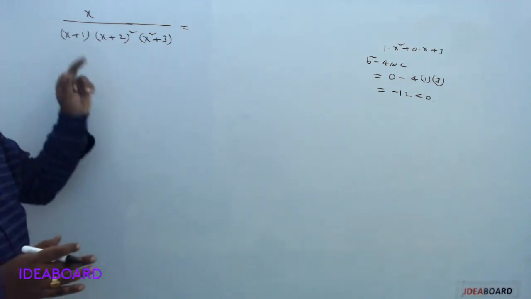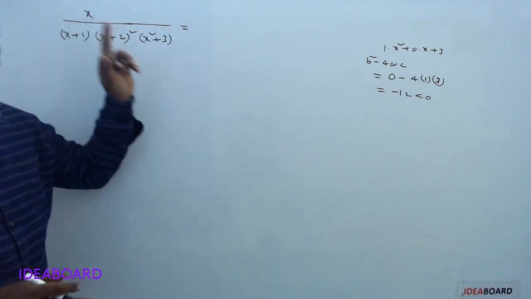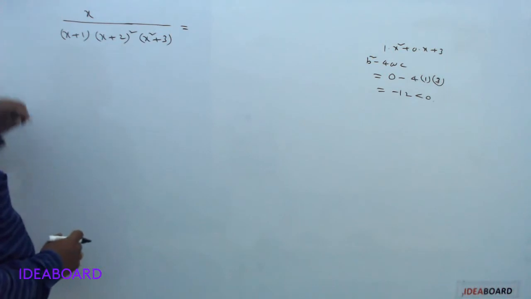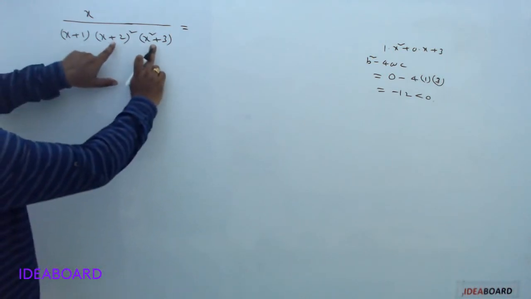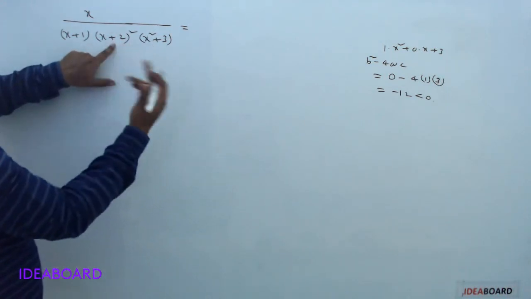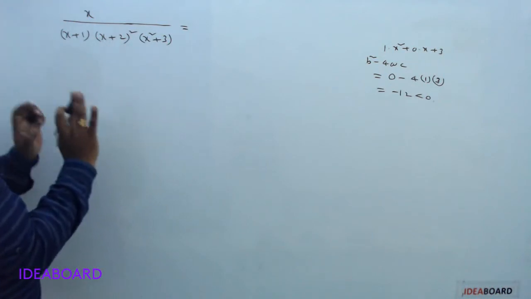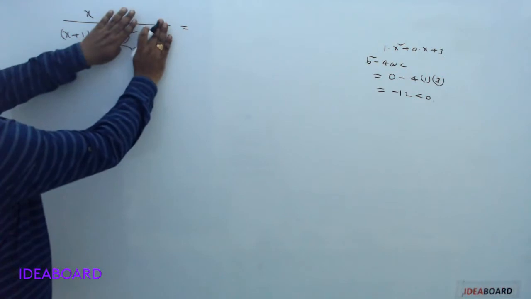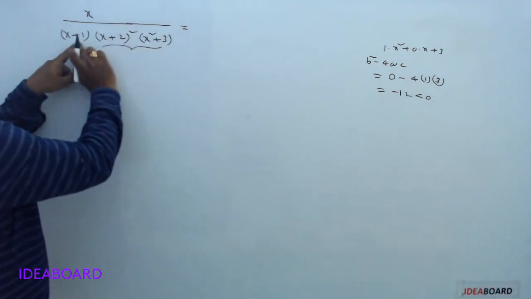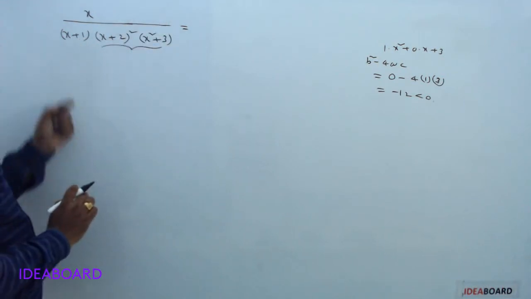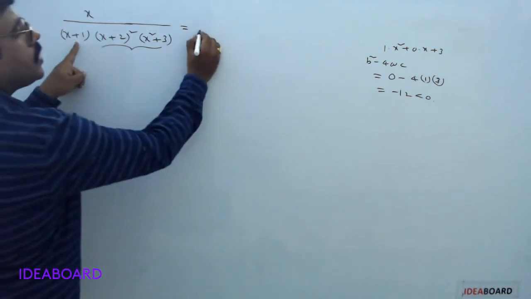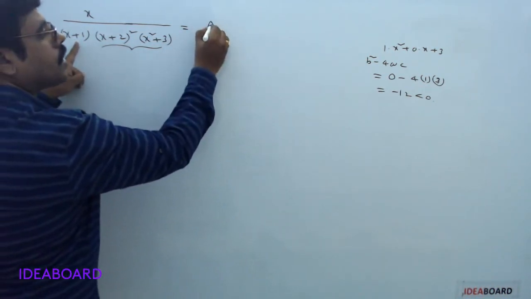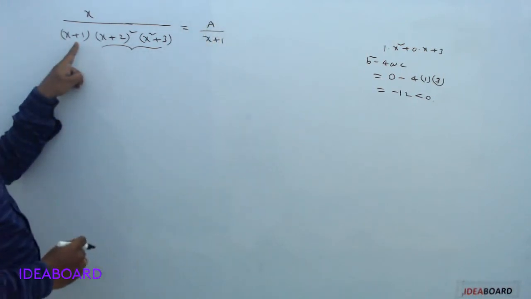Now in this case, how to resolve this fraction into partial fractions? Now come to the procedure. First close these two factors. You can close any two, no problem. First here I am closing these two. Now this is a non-repeated linear factor. Corresponding to every non-repeated linear factor, there exists a constant term in its numerator.